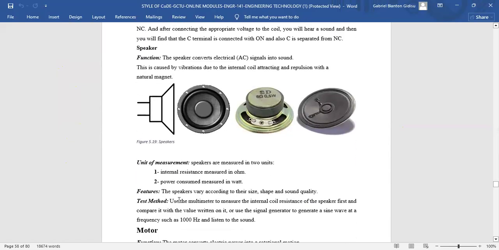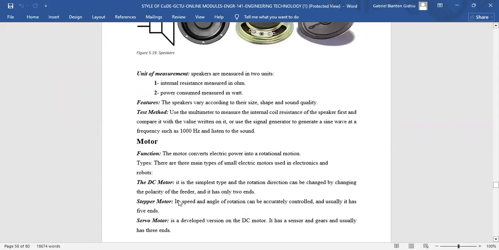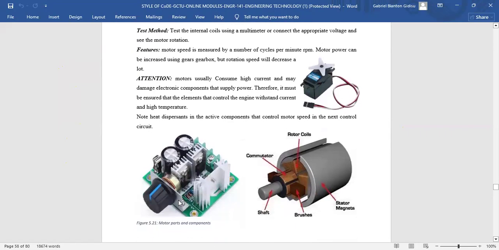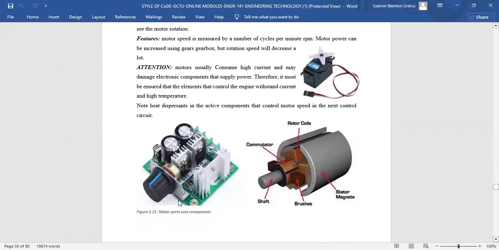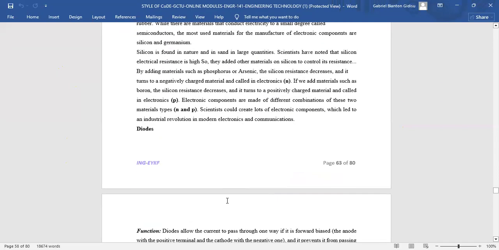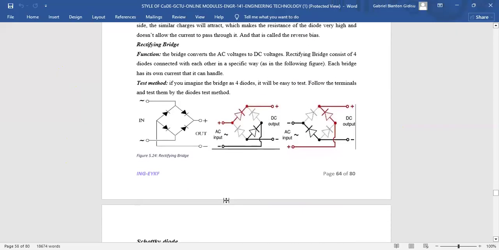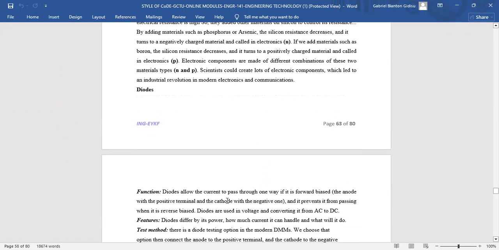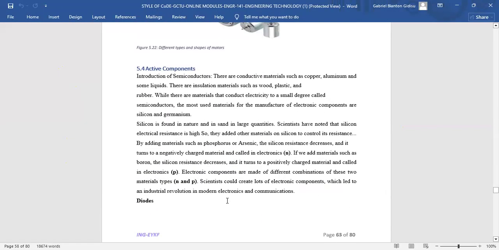Then we have the speakers. We have the motors, different types of motors, motor control, motor parts and components. Then we come to rectification.